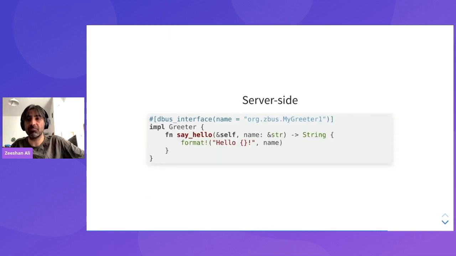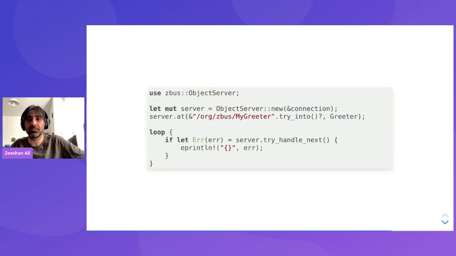Server side is also very simple. You create an implementation, just like you implement a type, and you use the macros to tell it which interface it is. You can also declare the default object path and stuff. And then to use it, you just create something we call an object server, and then you can host multiple interfaces on the same object.